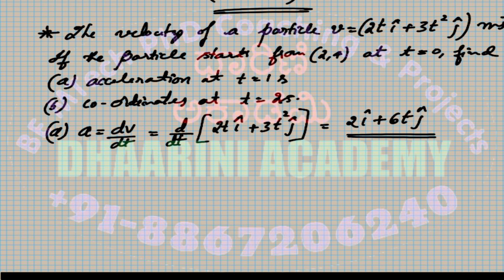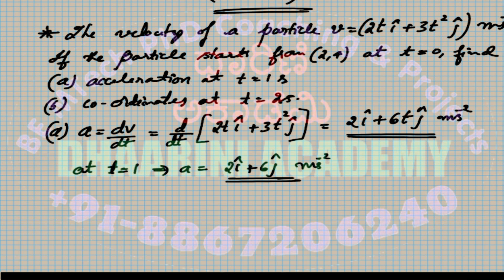So this is the acceleration in meter per second square, but the question is at t equal to 1. So at time t equal to 1, this is 2 into i cap plus 6 into 1, that is 6 j cap meter per second square, which is the required answer. This is the answer for part A of the question.